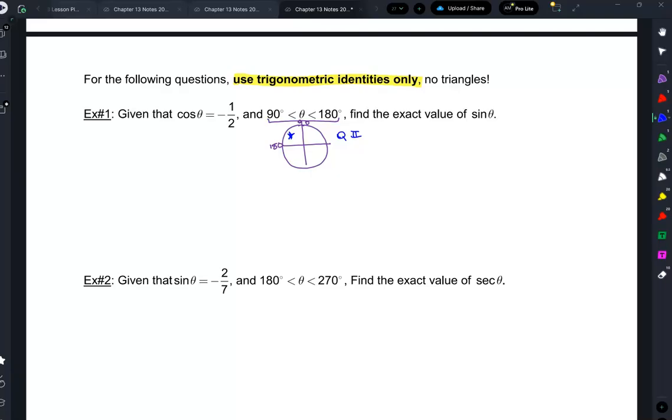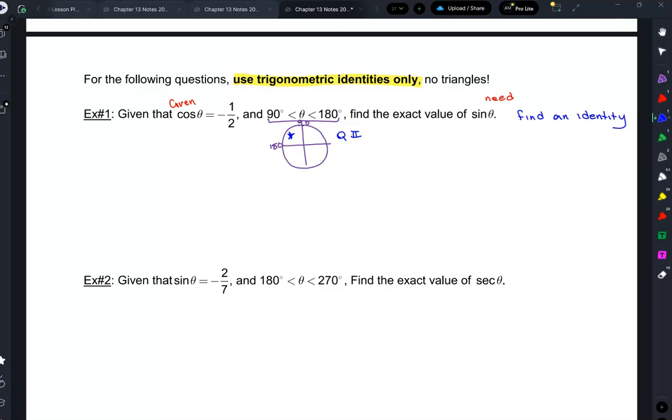Now, okay, let's write down what we have and what we need. We are given cosine. We need sine. So what you have to do now is you have to look for an identity. Find an identity. Okay, where are the identities we have?